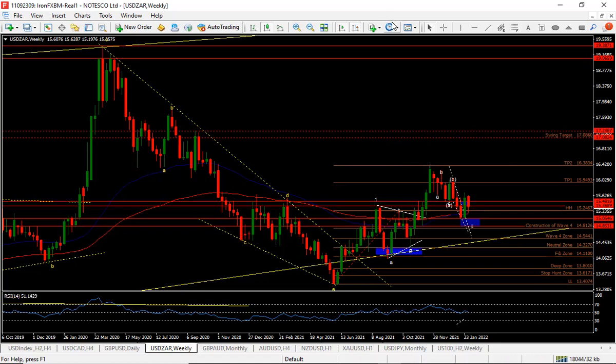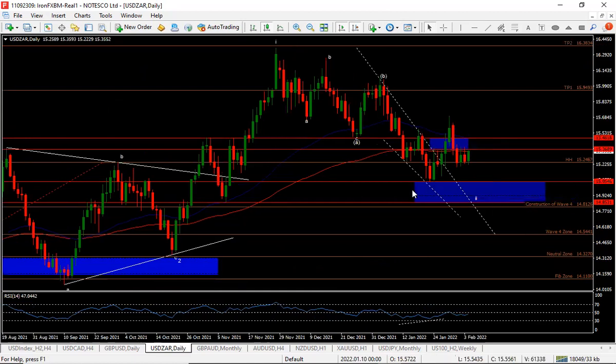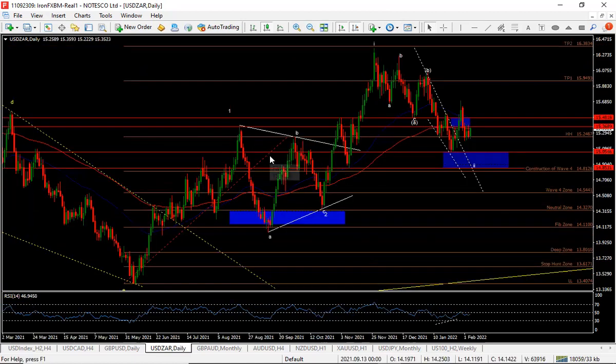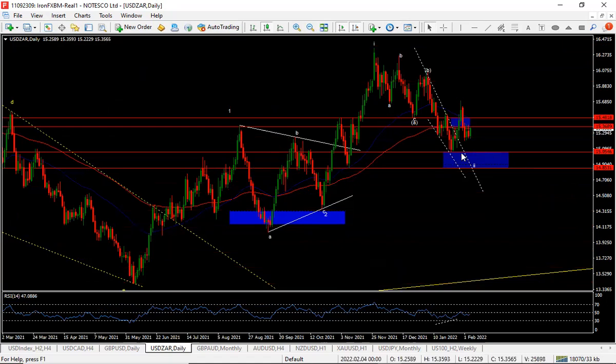So we go down to daily. So from daily, what are we observing now? Let me remove this and start fresh. So from daily, since the market failed to come here as 2 of 3, because remember this is 1 of 3, and then we got a 2 of 3, and then we got a 1 of 3 of 3.